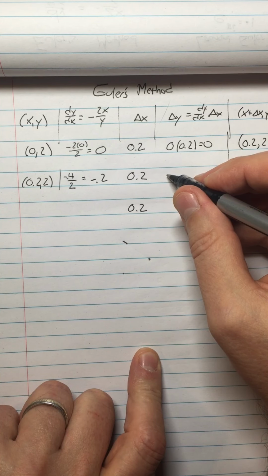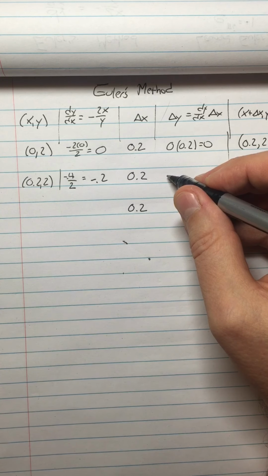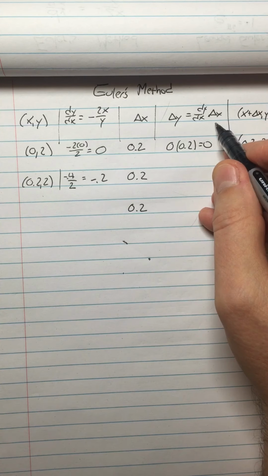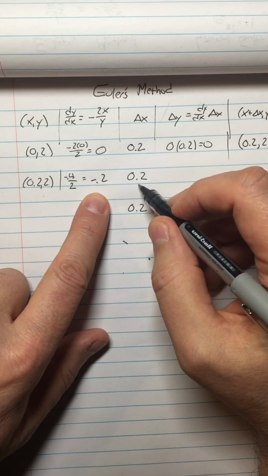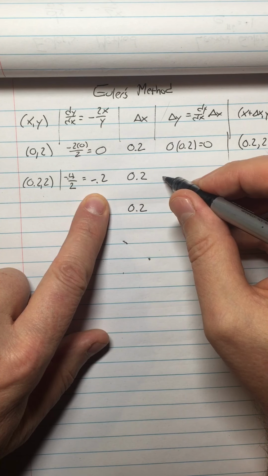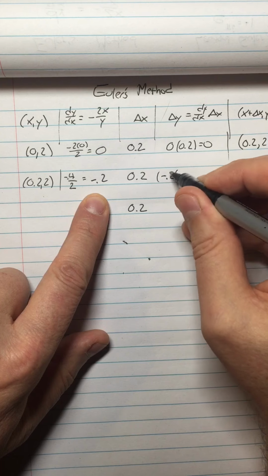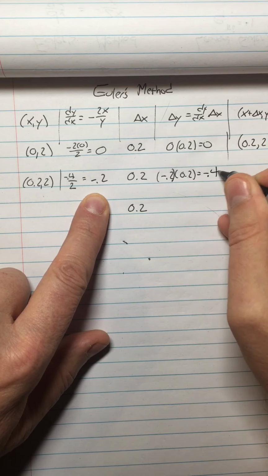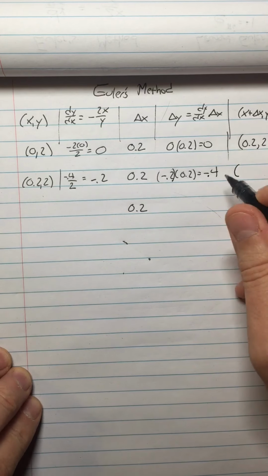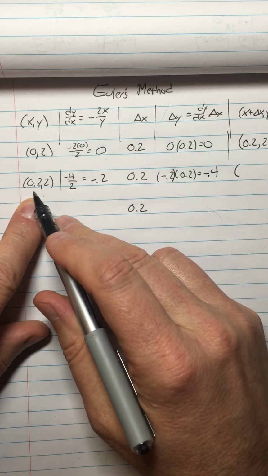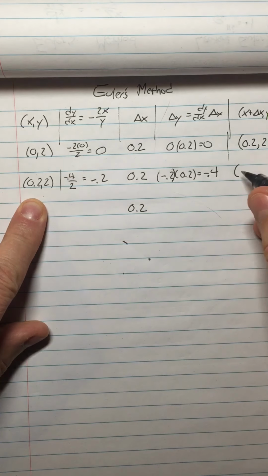My delta y is going to be dy/dx times delta x. So this number times this number gives me negative 0.04. So I'll write that. Negative 0.2 times 0.2 equals negative 0.04. Then I add my delta x to my original x, so 0.2 plus 0.2 is 0.4.